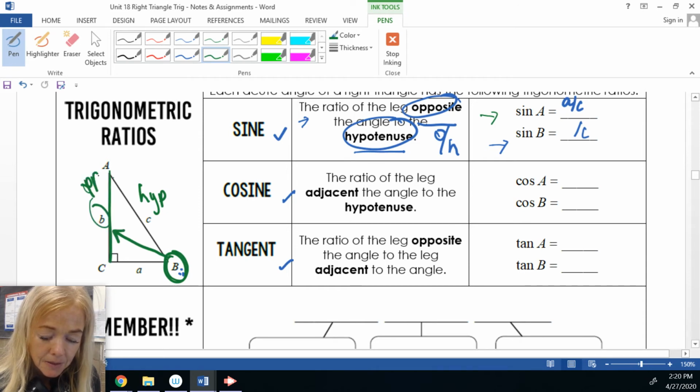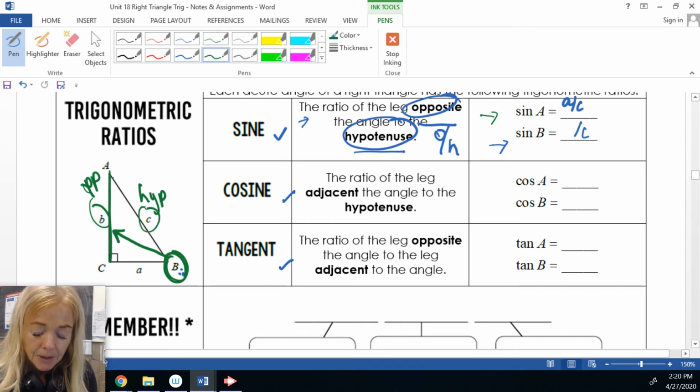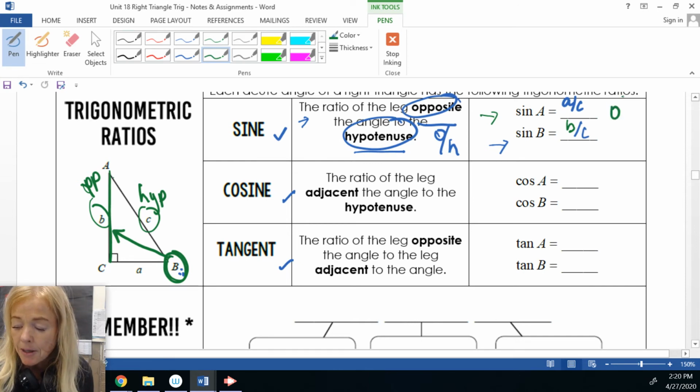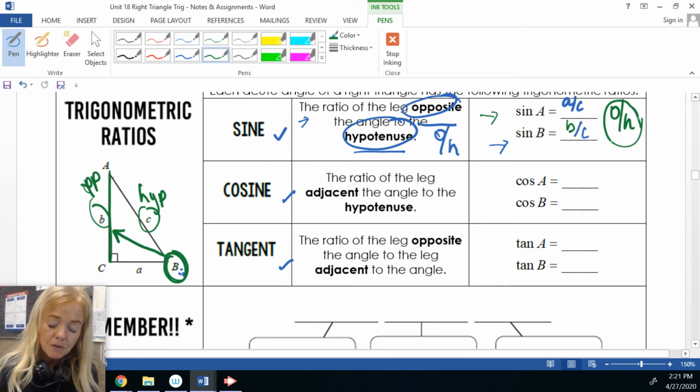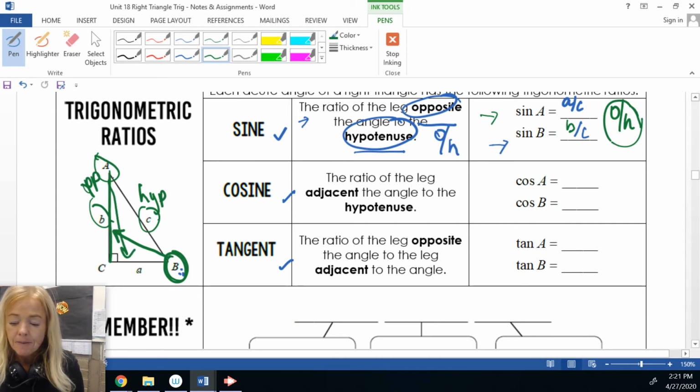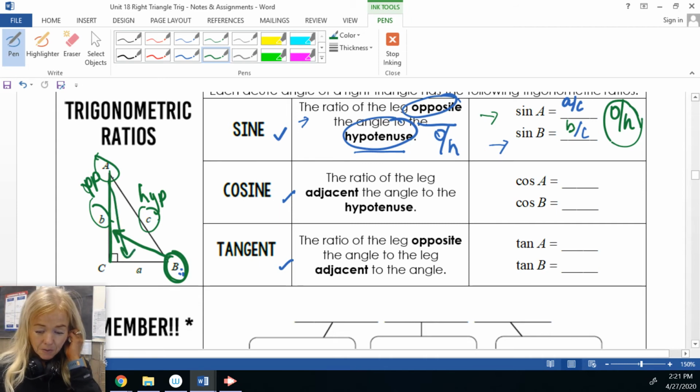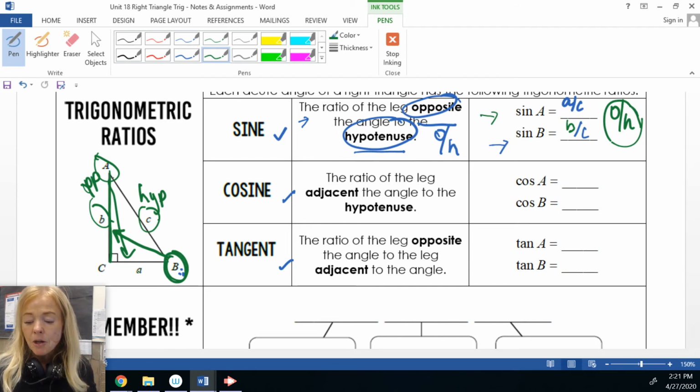That's opposite, right? And then hypotenuse is still c. So sine B is b over c. It's always opposite over hypotenuse, but opposite depends on which of the two angles we're looking at. If we're looking at angle B, then opposite is little b, and then hypotenuse is c. If we're looking at angle A, opposite is little a over c. All right, so that's what we're looking for.